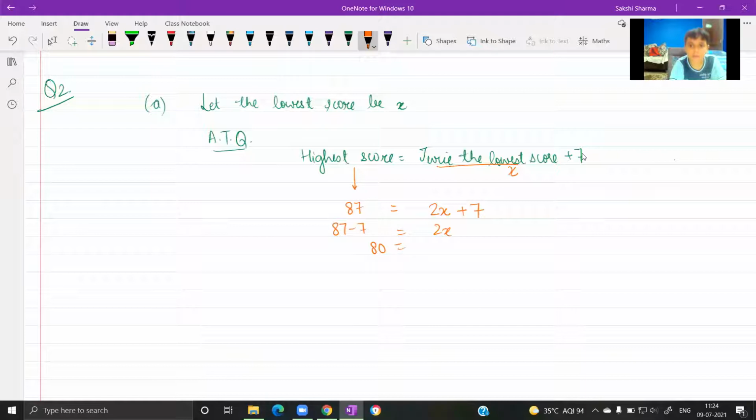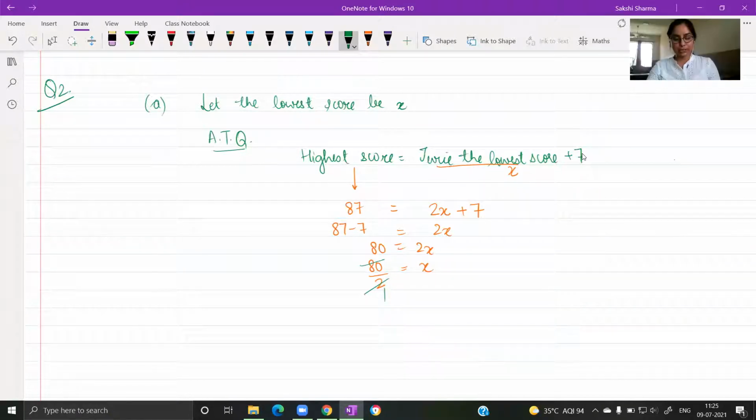Ma'am, in 4.1 this was not the question. The question was that twice the lowest was not there, only the lowest marks. I'm not sure. Please check. It's twice the lowest score plus 7.